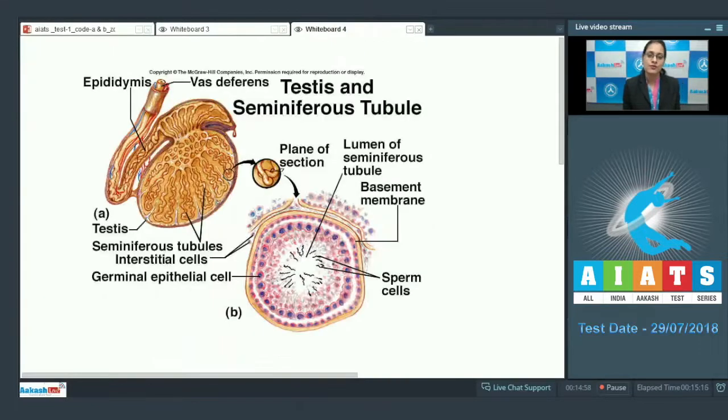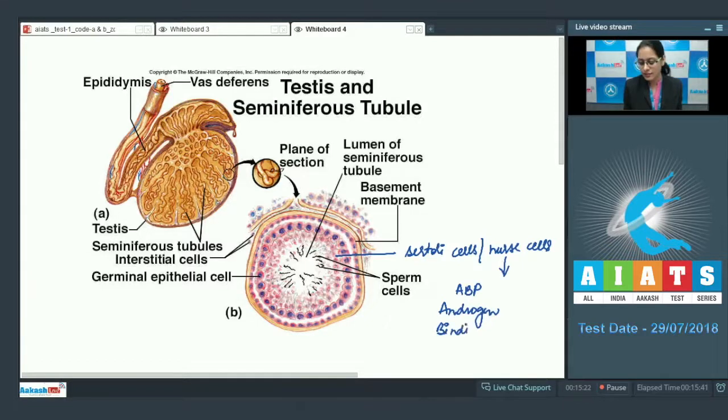Now the cells which are present inside the seminiferous tubules, called Sertoli cells or nurse cells, are responsible for the nourishment of growing spermatozoa, and these Sertoli cells also release androgen binding protein.